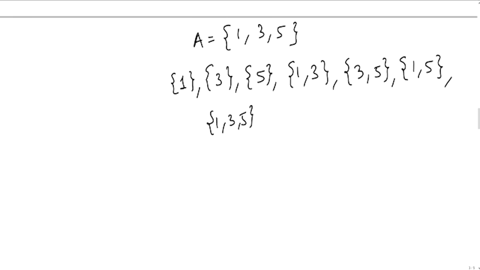Although this is same as the set itself, it is still a subset, because by definition all the elements of this set lie in it as well. And you can think of an empty set as well. So an empty set which does not contain any element would also be a subset. So these are all possible subsets.